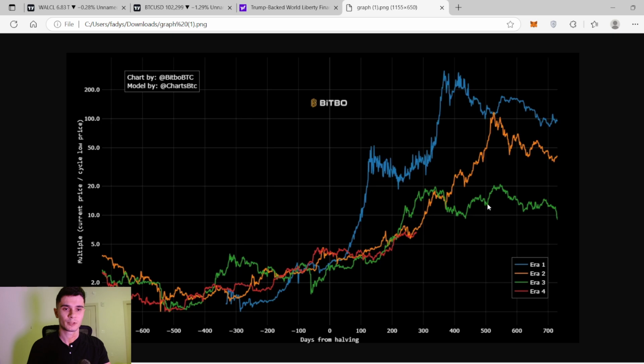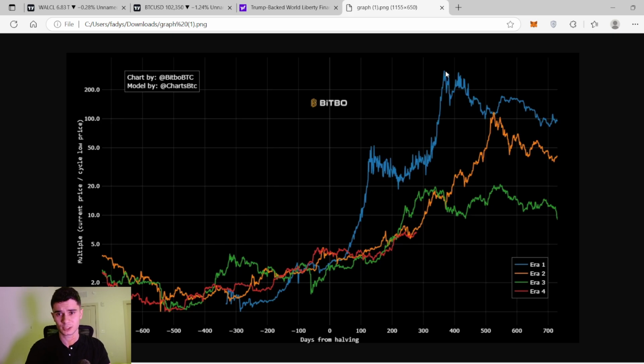Basically, these are Bitcoin cycles that are just superimposed against each other. You can see that the blue line is the first cycle, when from the bottom to the top Bitcoin did almost over 200x return.